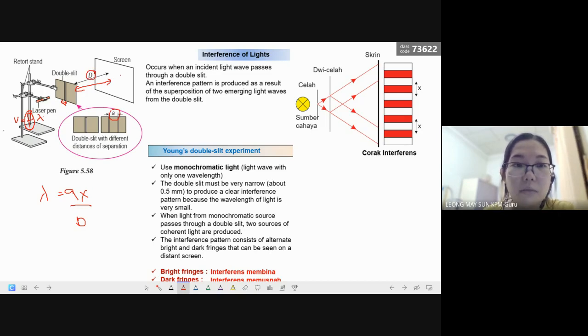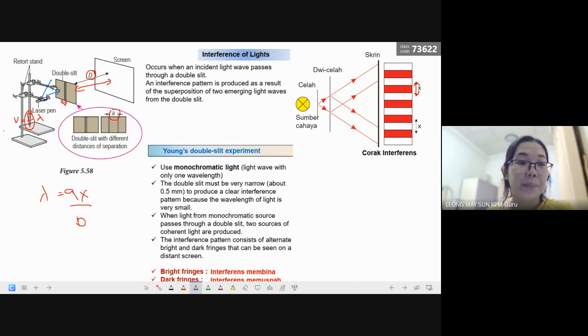On the screen, you will have an interference pattern like on the right-hand side. The distance between two consecutive dark fringes or bright fringes is x. The distance between the laser pen and the double slit has no relation at all to the interference pattern.